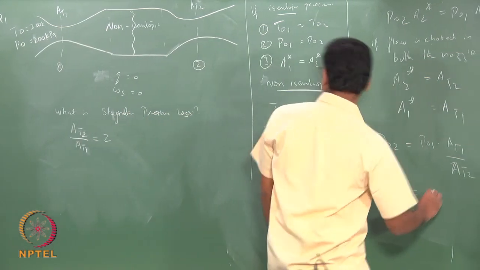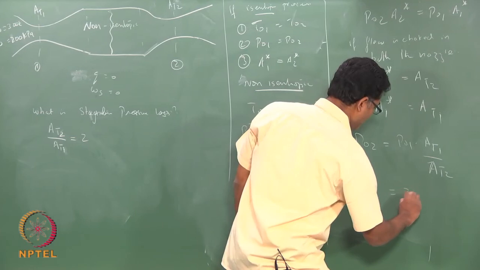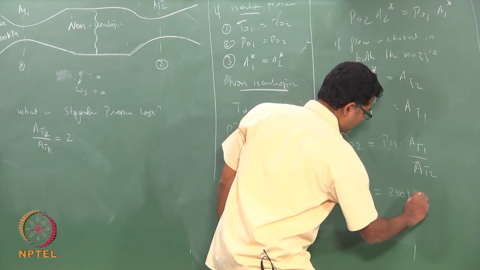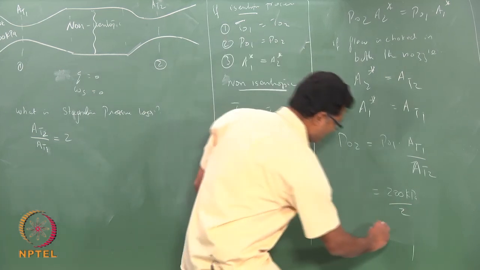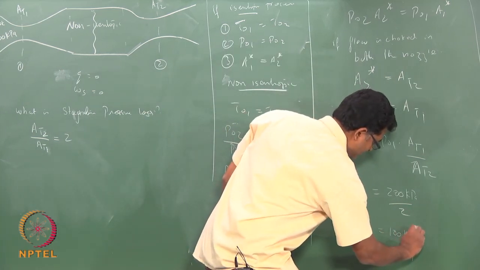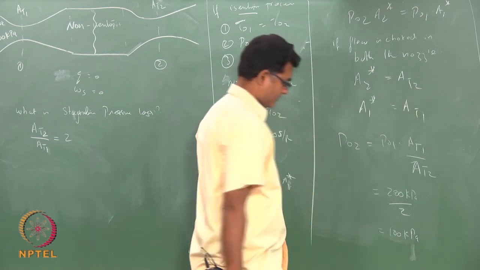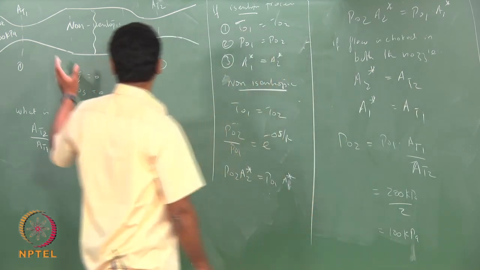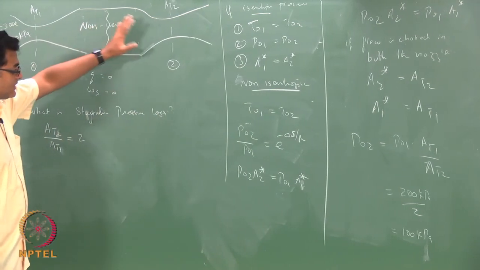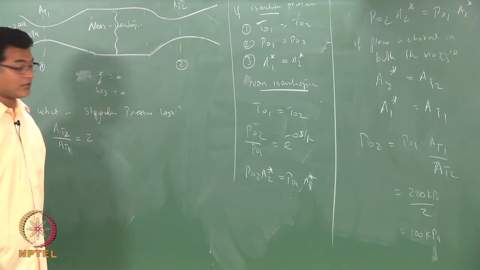So, P01 is 200 kilopascal by 2. So, this would be 100 kilopascal. So, this is your reduction in your stagnation pressure. So, there is some loss of your stagnation pressure along the non-isentropic process.